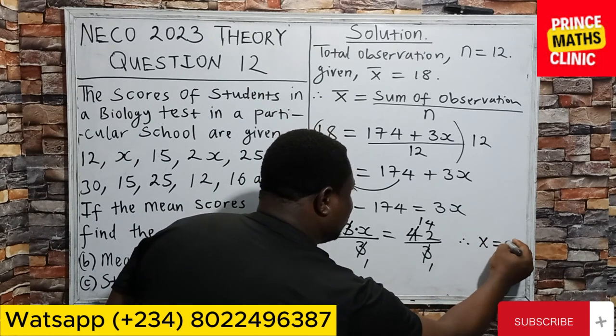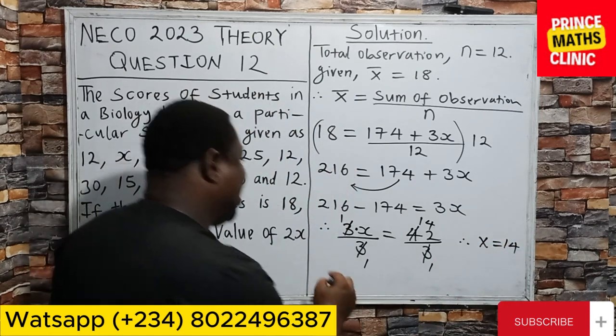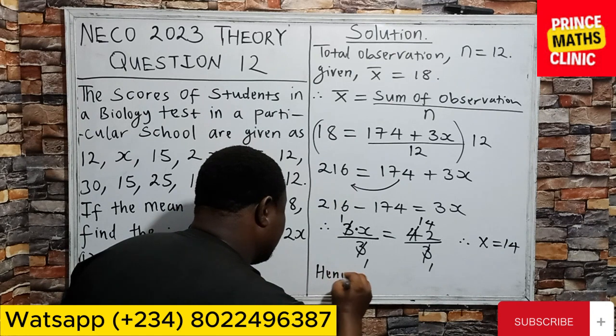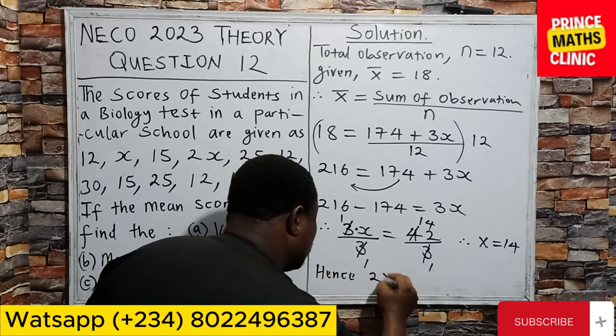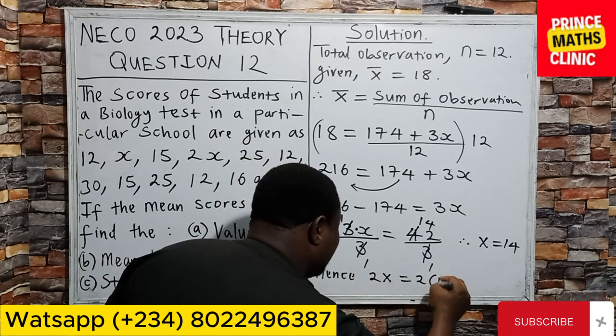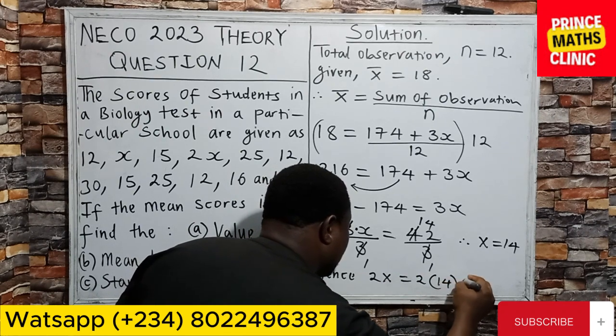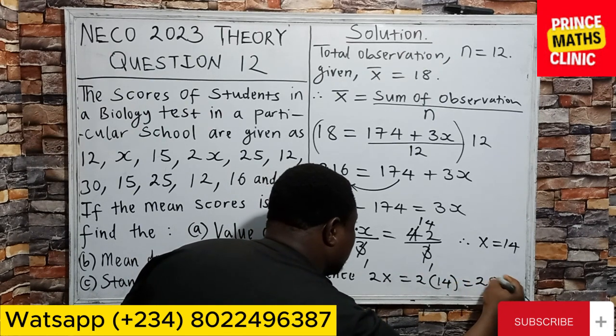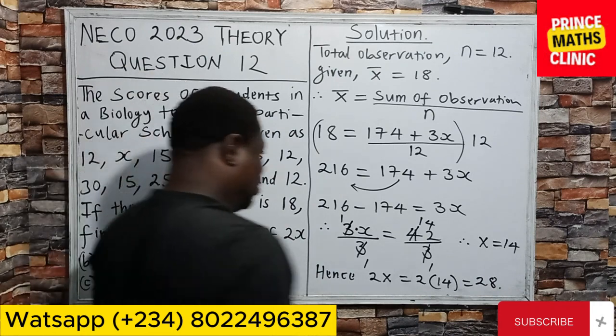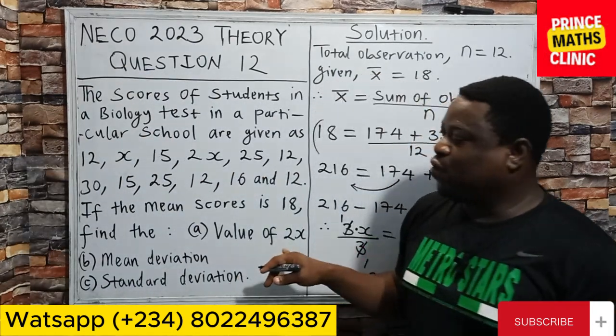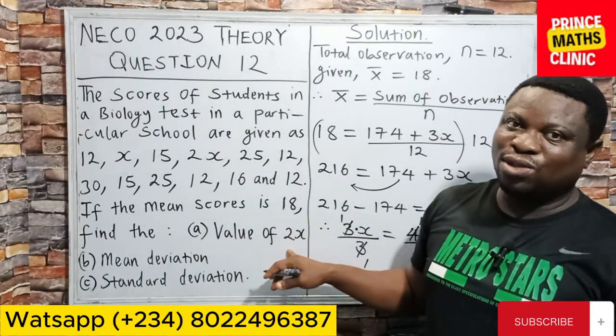So our x is 14. Hence 2x is 2 times 14, which is 28. So that is the value of 2x in this question.